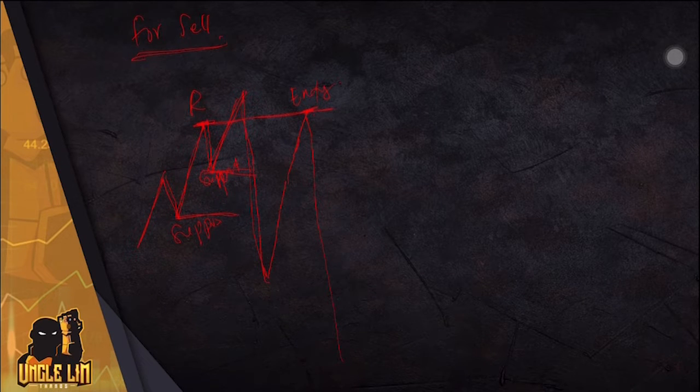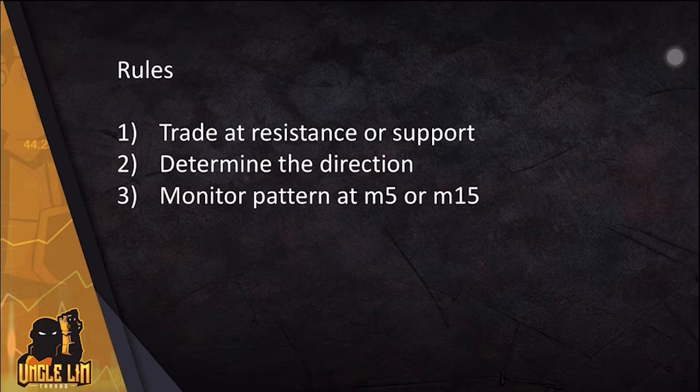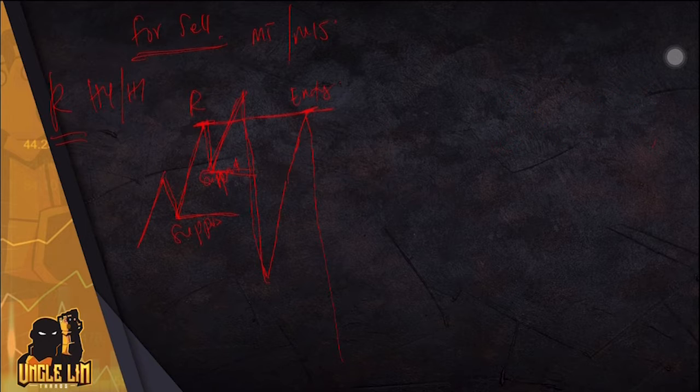We only monitor M5 or M15, and it must happen at a resistance level at H4 or H1. Uncle will trade at resistance or support at H4 or H1 or daily and above. This is for sell.